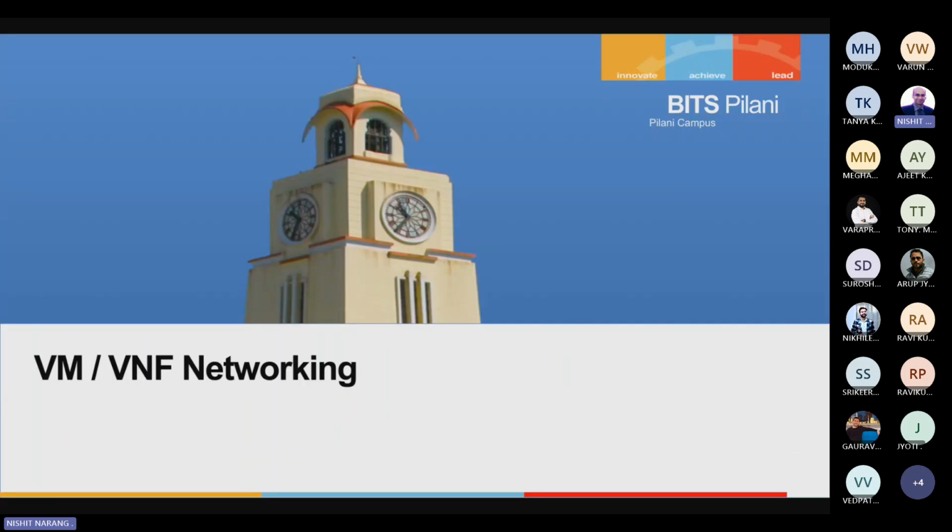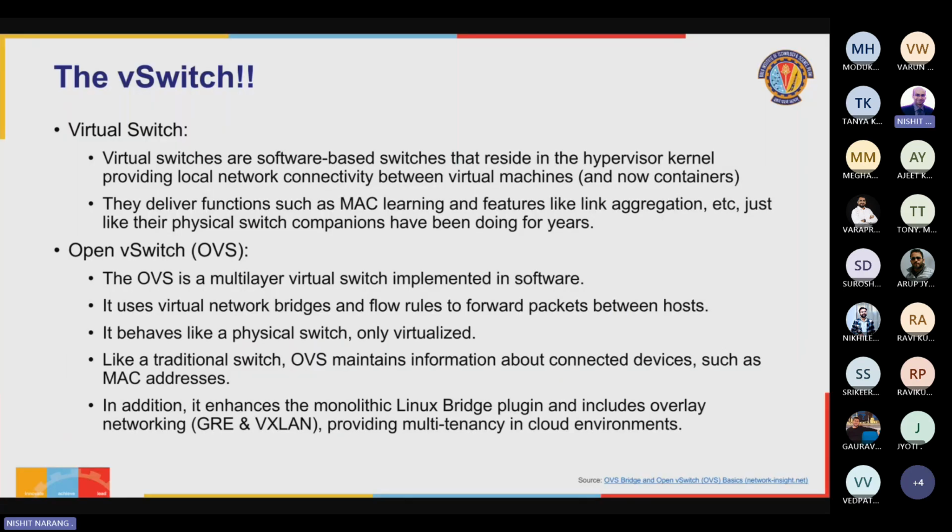And we'll today talk about this part of our networking topic. So let's start with the networking in the virtualized deployment architecture, leaving aside containers for a bit, and talk about how, in an overlay network, VMs or virtual network functions enable overlay networking.